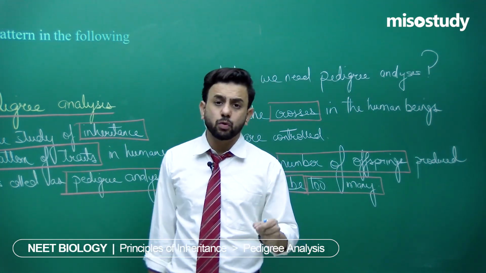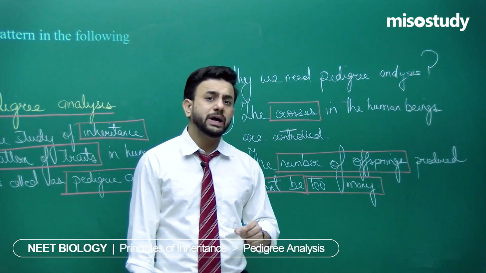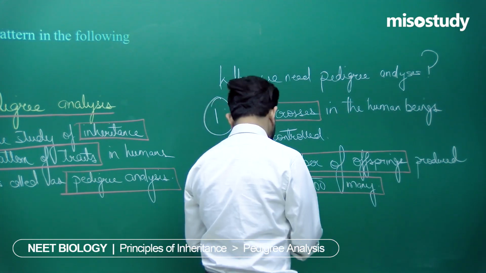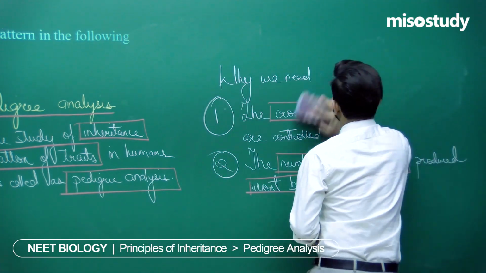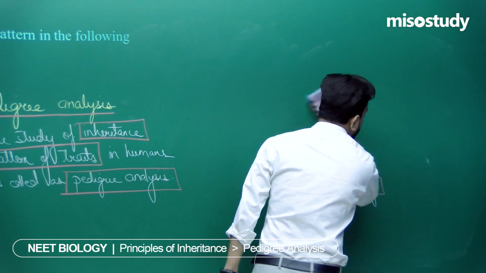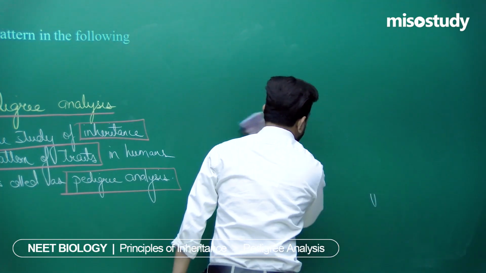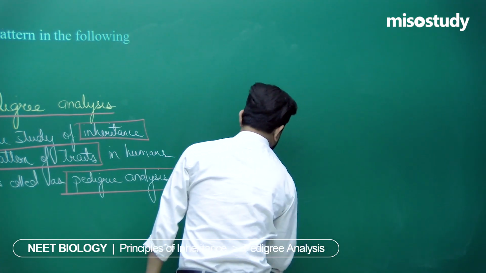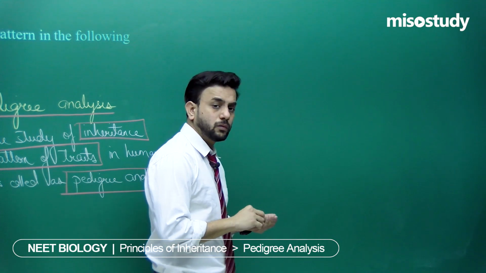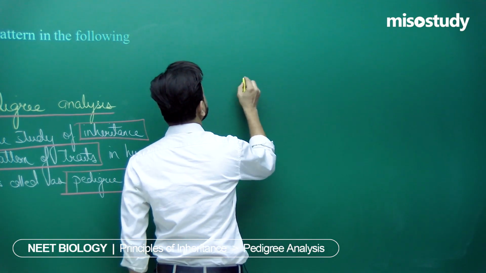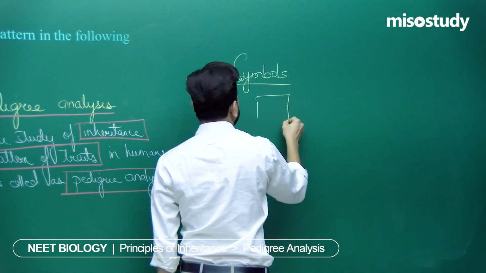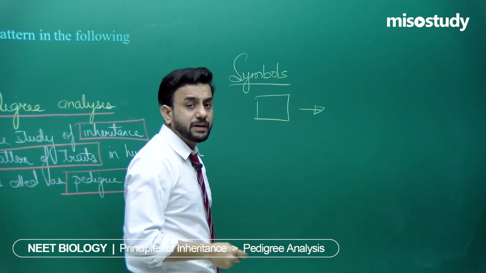Now, before we start with the question, one last small thing we should know is about the symbols, which I have already told you, and I think you must be knowing it. What we should know is certain symbols. This is an unaffected male.